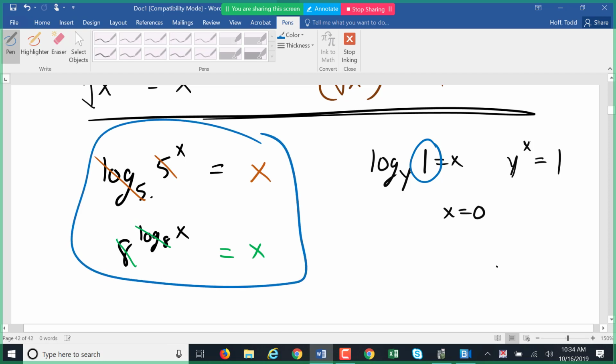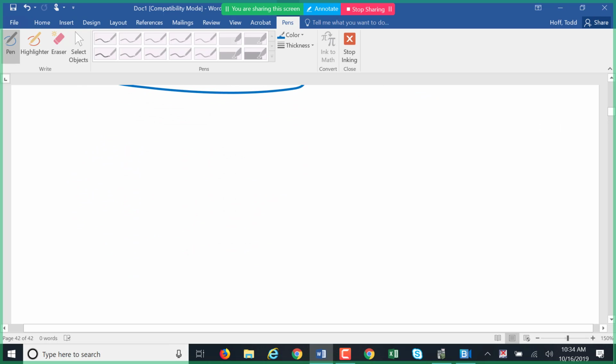These inverse relationships will come in handy later on as we start to solve exponential and logarithmic equations. For now, let's look at graphing a log. So, graphing logarithmic functions.